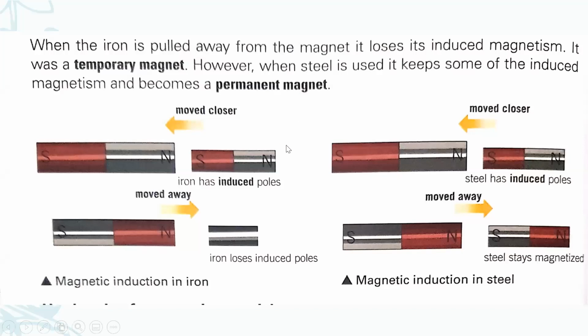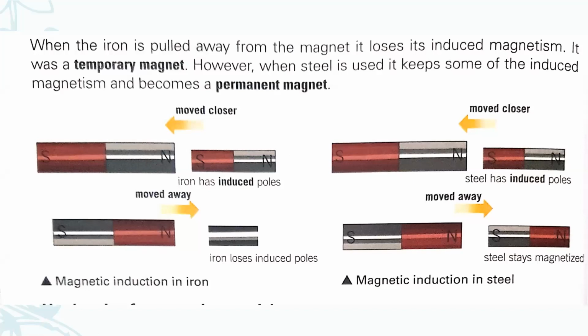You can see here from this figure, this is a bar magnet, and this is an iron piece. If you bring that magnet close to the iron piece, what will happen? Because of the magnetic field, this iron piece will become magnetized.